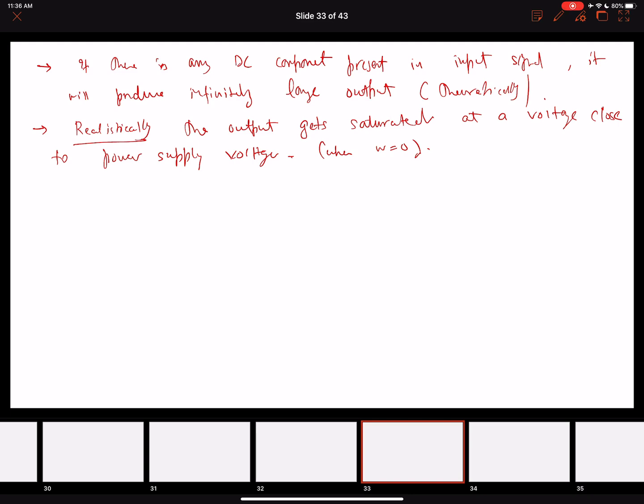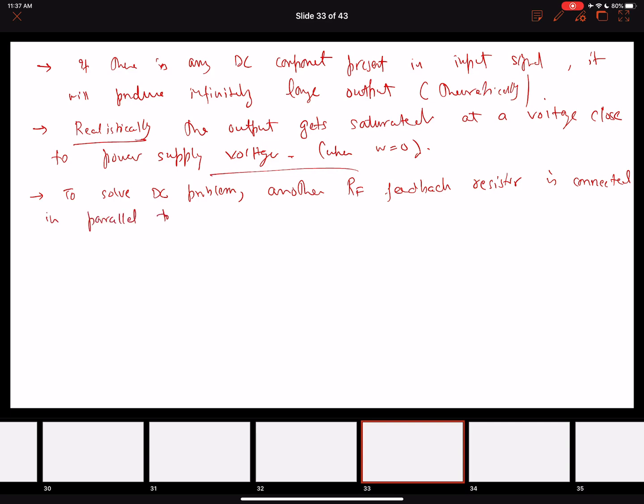We can use another very simple and intelligent solution to solve this DC problem. Another resistance RF, a feedback resistor, is connected in parallel to a capacitor.